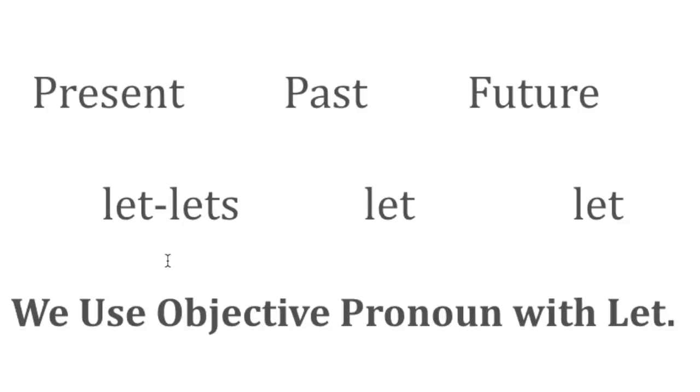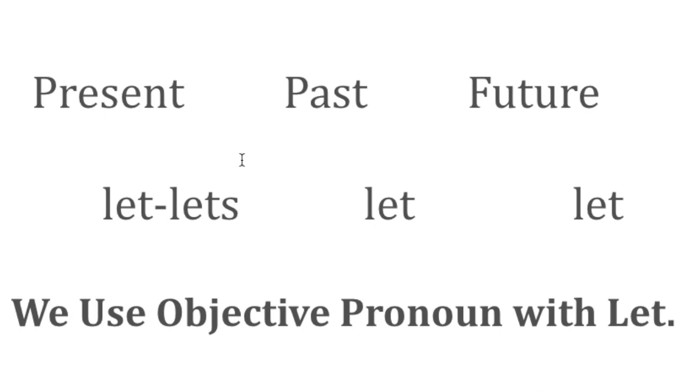Now quickly we'll understand the conjugation of this verb "let". Conjugation means the different forms of the verb. In the present form it is either "let" or "lets" depending on the subject, because you're familiar with the grammar rule: when we say "I play", "he plays". Similarly, "he lets", "I let".